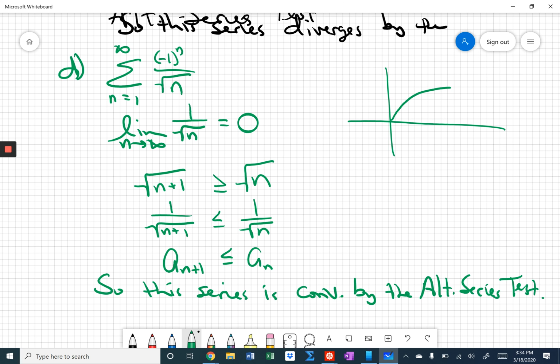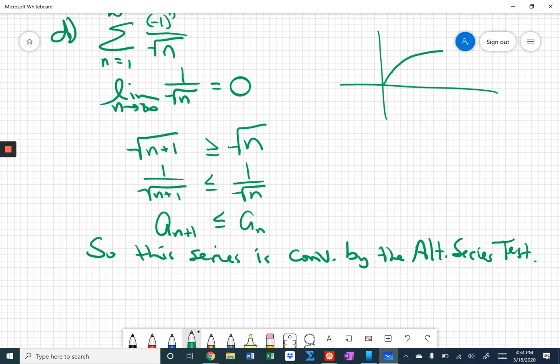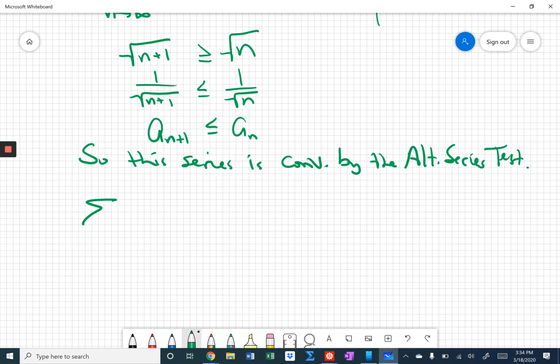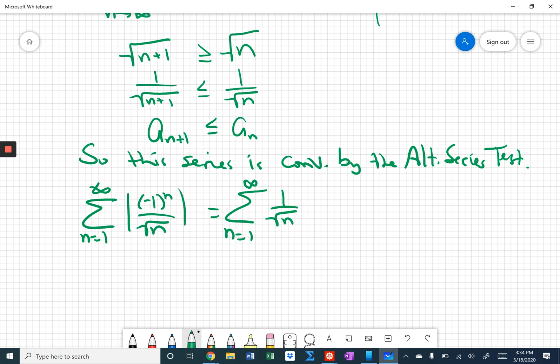So is it conditionally convergent or absolutely convergent? Let's take a look at the series formed by the magnitudes. Hopefully you recognize what this is going to be. This is just 1 over root n.